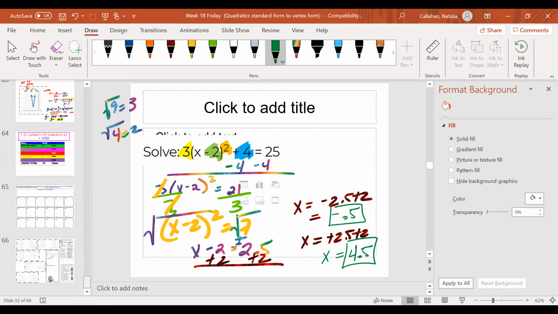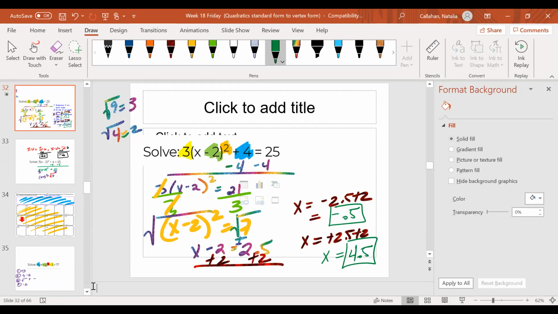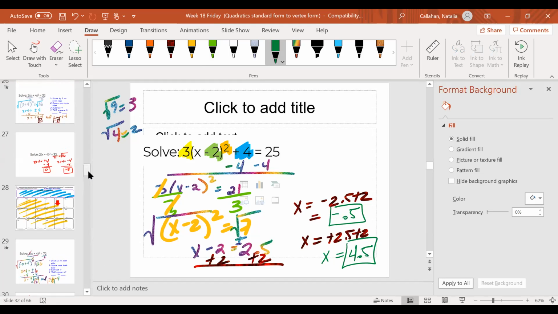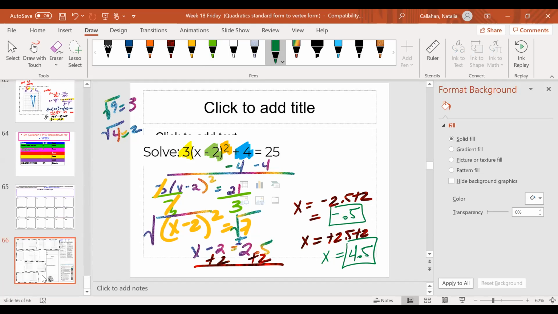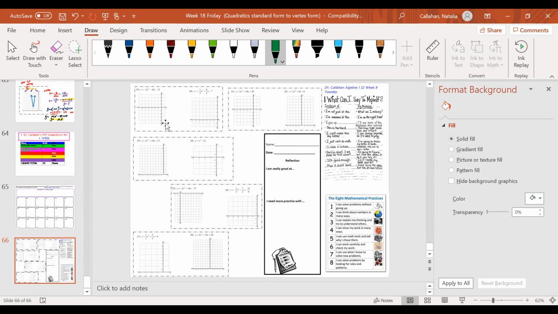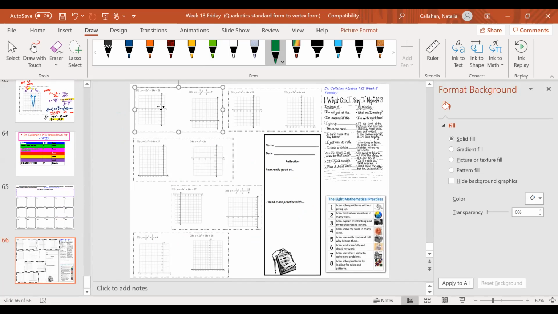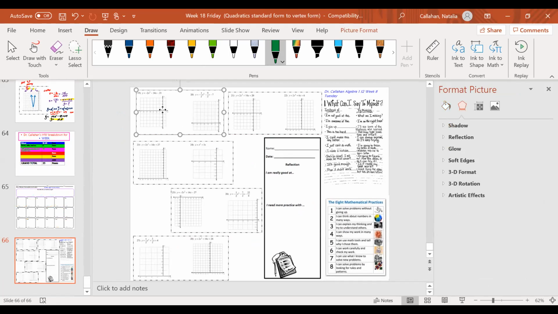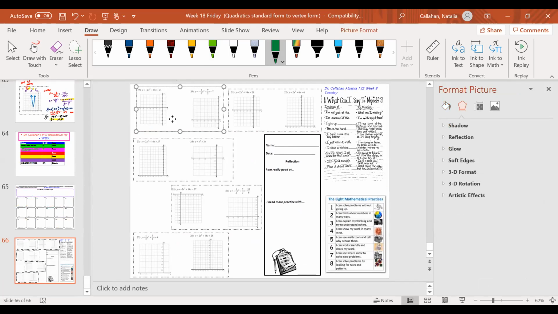All right, you guys, we're going to move on to the next part here. So for the rest of the class, I want you guys to go ahead and practice on this page right here. Practice in graphing these equations. And let's go ahead and go over the first one together.